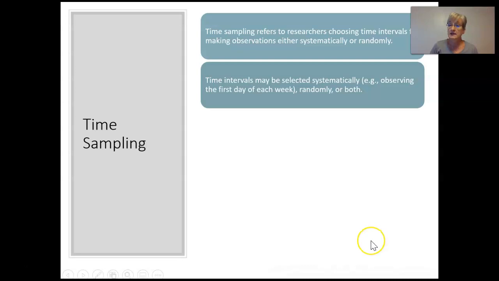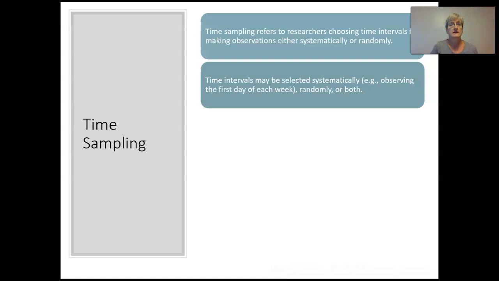So you need to make some selections about what time frames you're going to use. If we systematically select time intervals, as in the case here, if I want to make my observations the first day of every week, I could do that, or I could do it randomly, or I could vary whether I was going to go random or systematic. For example, I'm reminded of this because I had some researchers, some of my seniors, who were interested in gratitude research, so the effect of gratitude on things like well-being or life satisfaction.